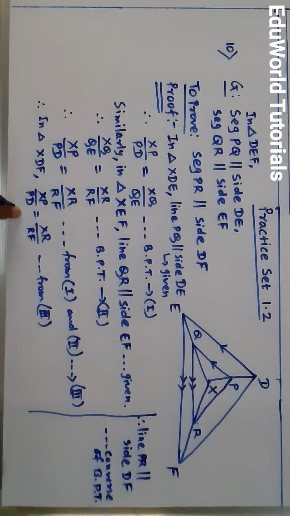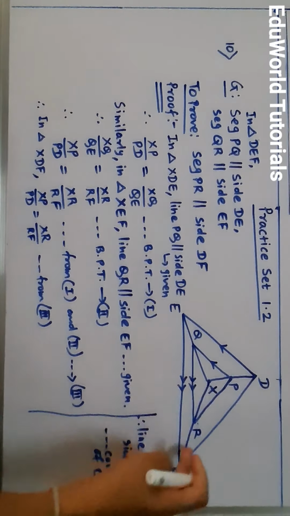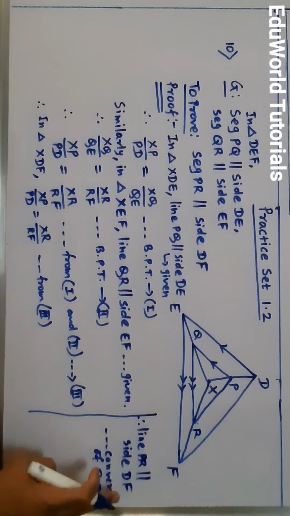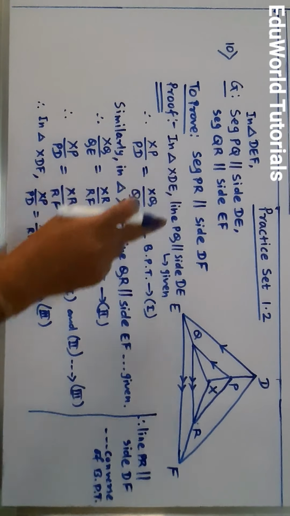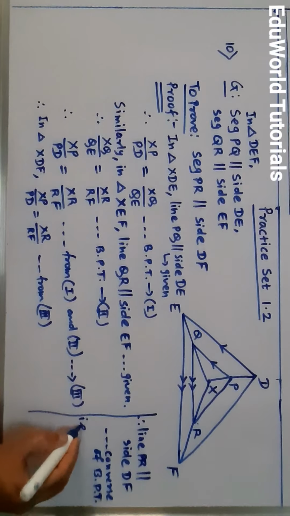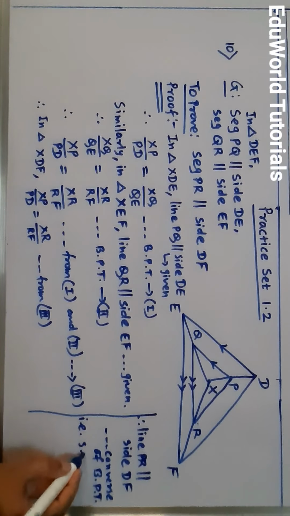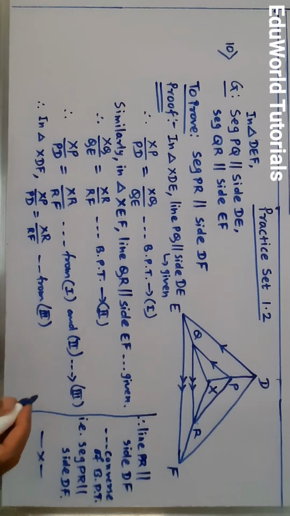We have seen here that the two sides are divided in the same ratio by line PR. So line PR is parallel to side DF. That is what we have to prove. So we can write that seg PR is parallel to side DF. This is how we can prove it.